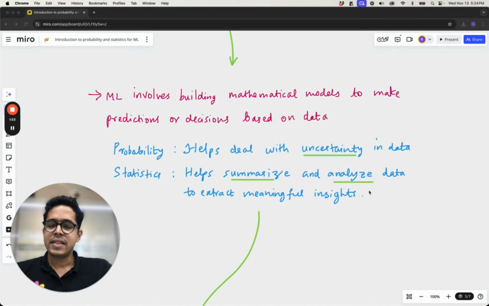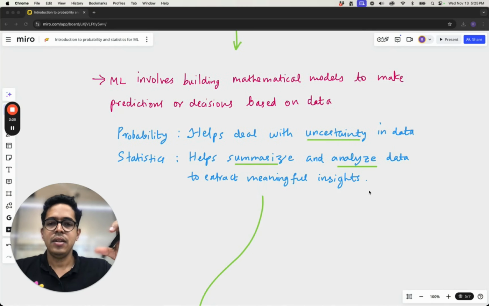And when you have a huge data set, statistics help you analyze and summarize this data and extract meaningful insights. Because as humans, we cannot process dozens of data points, let alone thousands or 100,000 data points that you typically see in machine learning. So you cannot process the data unless it is described in a summarized fashion. So statistics help you do this.